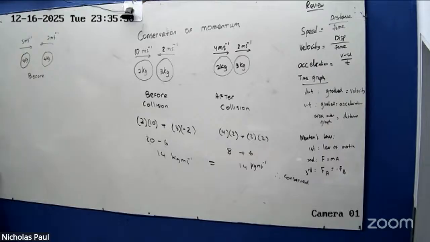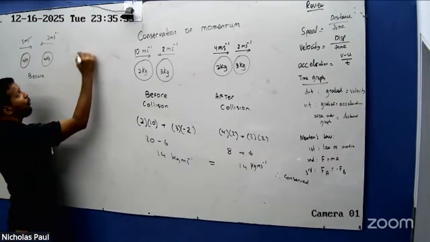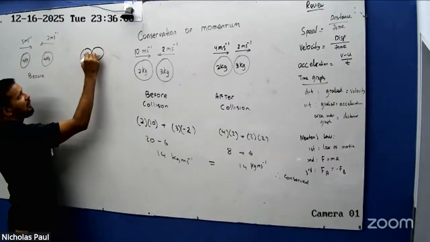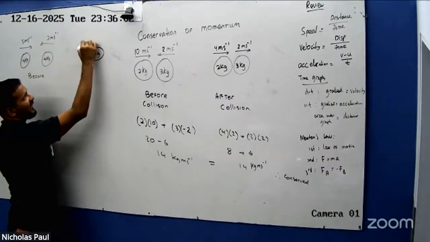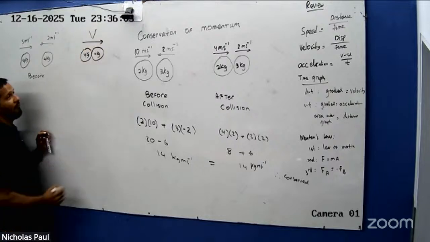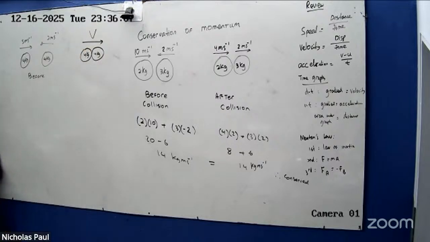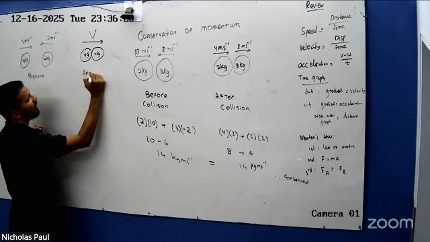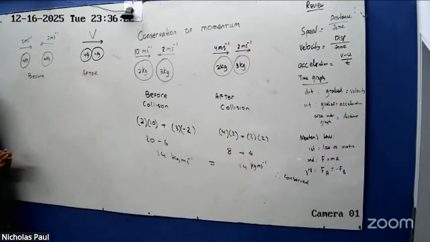First up, if they both move off together with one speed, so like they stick together, calculate that unknown velocity.